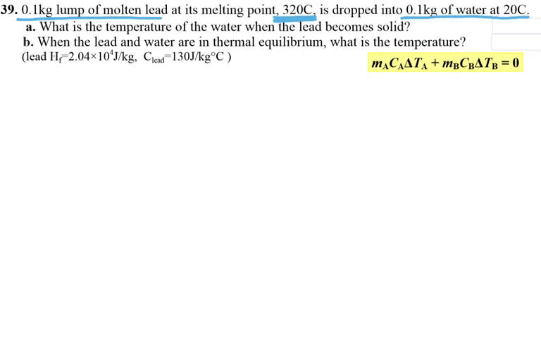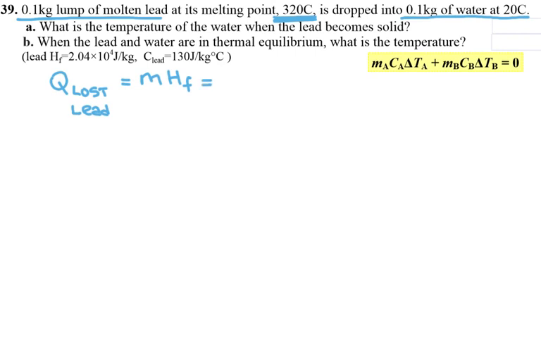So the water's temperature is going to increase, and at the same time the lead is going to be losing some heat. I'm going to see how much heat is lost by the lead first. The heat that the lead is losing is M H fusion. If you were melting lead, this is how much heat you would need, and this is how much heat you lose in order to turn it back into a solid.